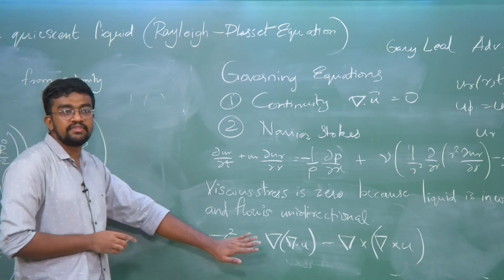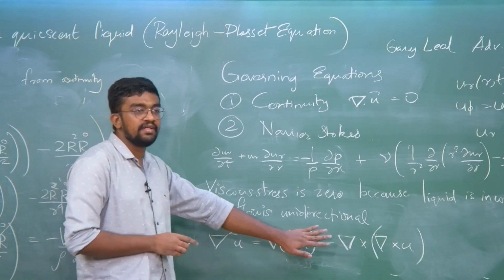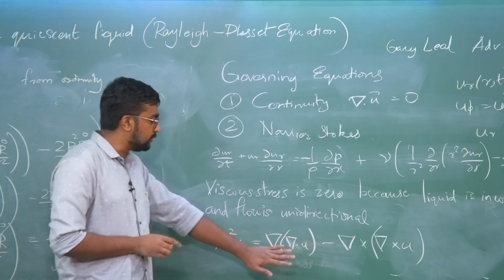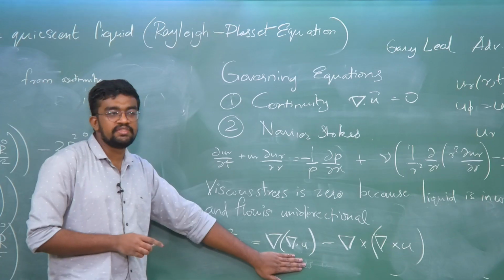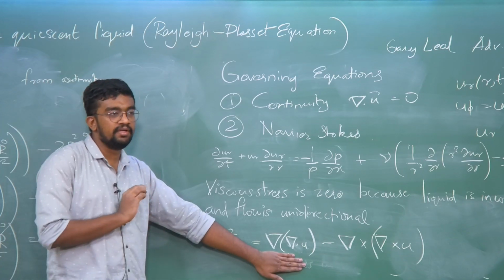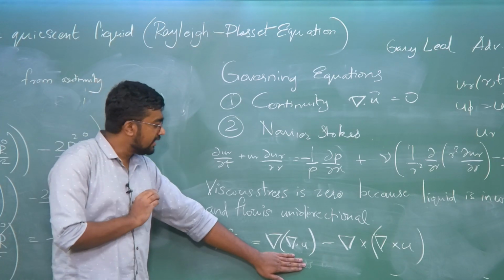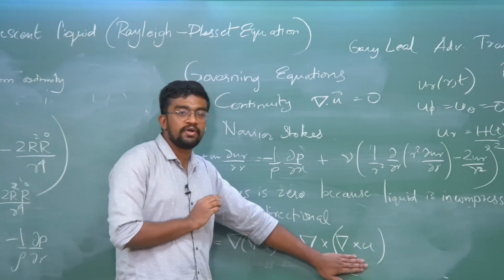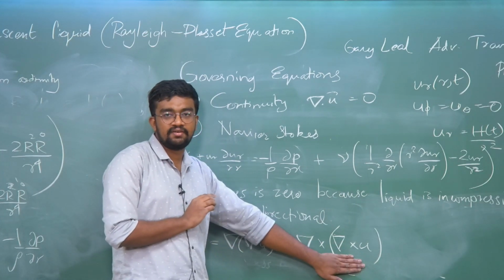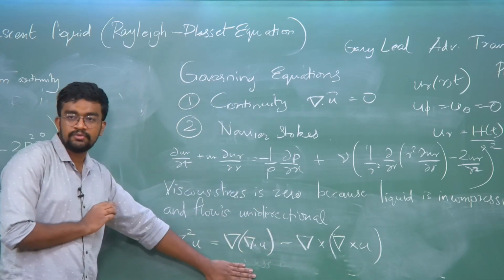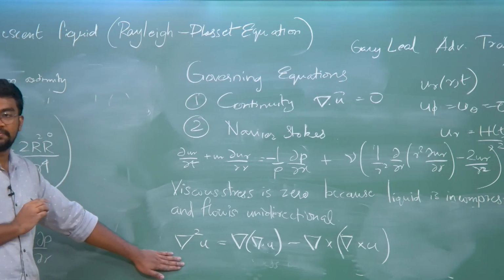Here del dot u is 0 because the liquid is incompressible. Next, the flow is irrotational, that means no vorticity, or del cross u is 0. Both these terms are 0, so del square u is 0.